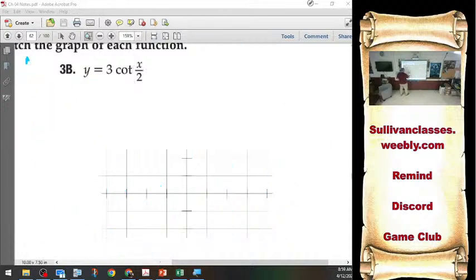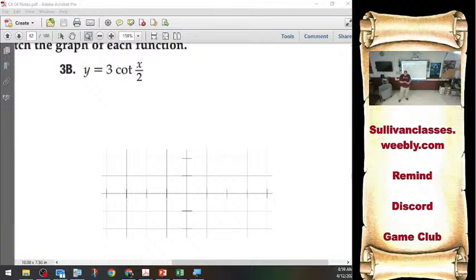So there's cotangent. Take that concept. X-intercepts are zeros. Zeros as a reciprocal are now asymptotes. When I do a reciprocal, everything becomes inside out.